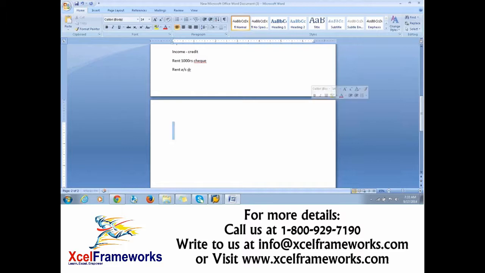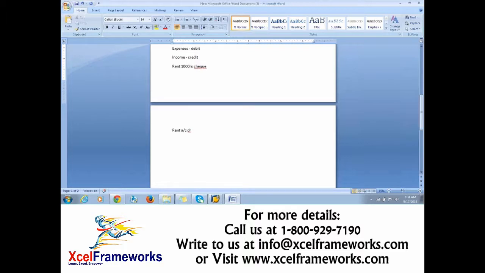Why is rent account debited? Because expenses are debited. Okay, to bank account. Bank account is credited. So how much here? 1000 rupees.